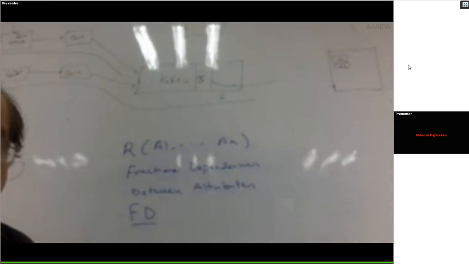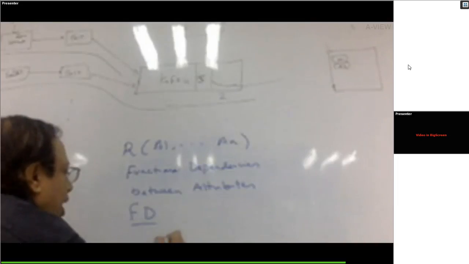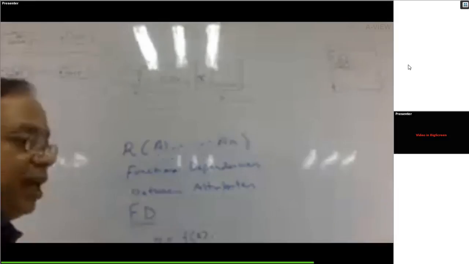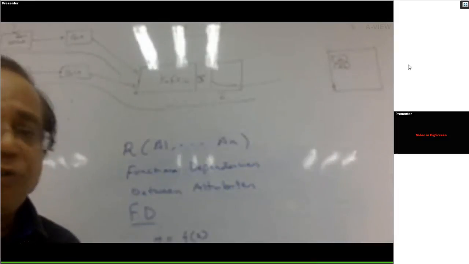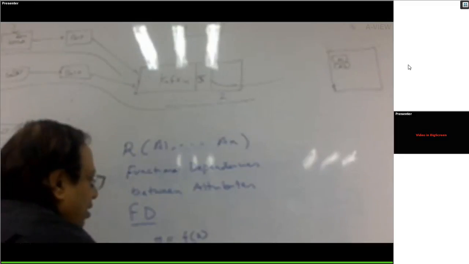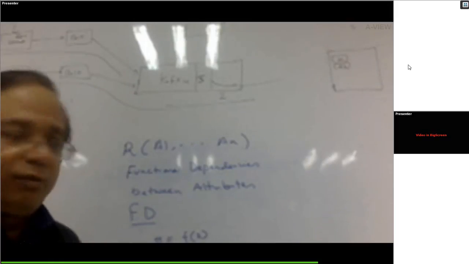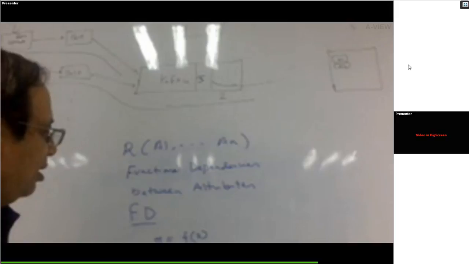Mathematically, the FD, functional dependency between two variables, is depicted as, for example, y is functionally determined by the variable x, written as y = f(x). There could be a relation where, given an x value, you can determine the y value.